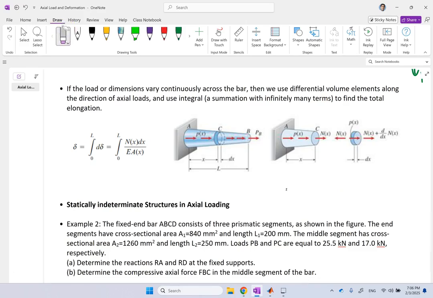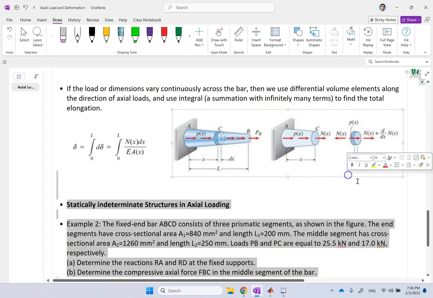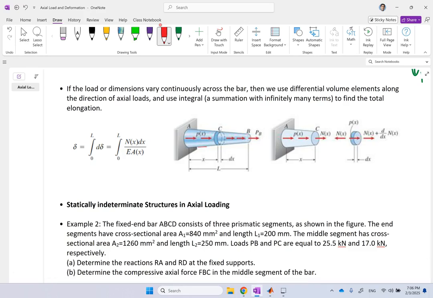It's not a gradual change, but the matter of fact is sometimes the parameters are changing gradually. Like for instance, you might get something like this. The cross section is constantly changing because the rod in this case is a conic shape. So A, the cross section, is a function of location. And even if the load is constant on it, clearly A is not going to be.